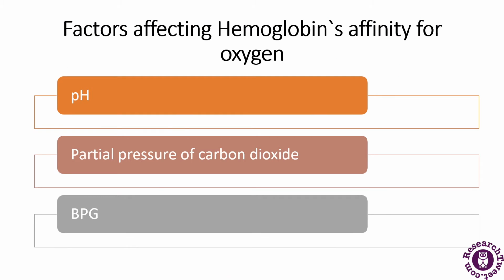Now, what are the factors that affect hemoglobin's affinity for oxygen? The factors include the pH, the partial pressure of carbon dioxide, and BPG, that is 2,3-bisphosphoglycerate. Now we will talk about pH first.